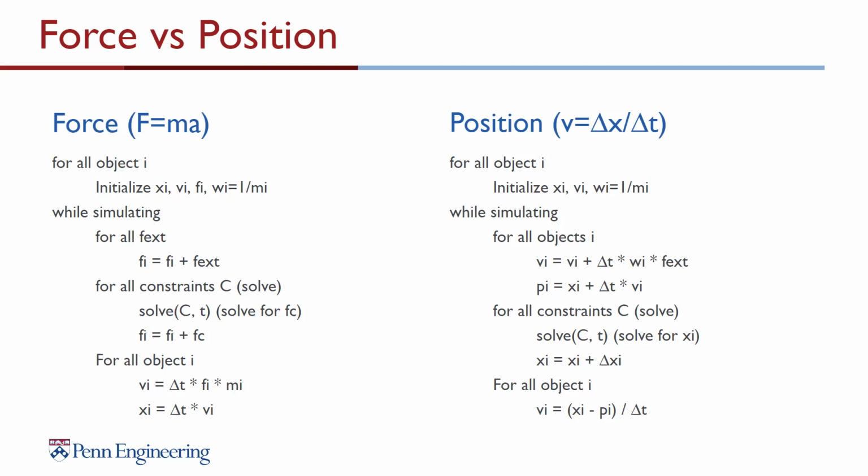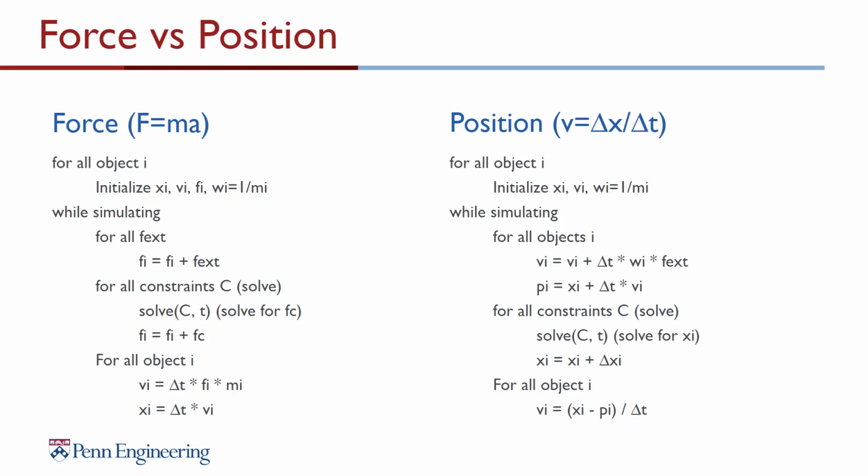And then you calculate the new position, and based on the difference between the temporary position and the result position, you calculate the velocity. So these are the fundamental differences between the two different methods.